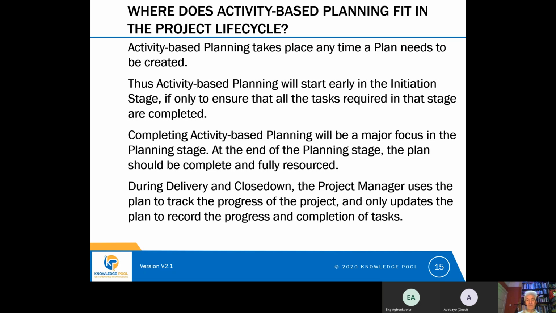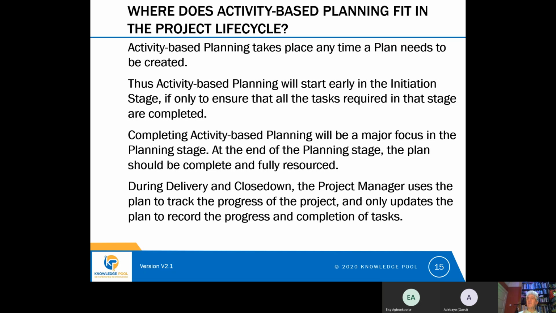And then during the delivery stage and close down stage, the project manager will use the project plan to track the progress of the project, and will only update the plan to record progress and the completion of tasks. So during delivery, we shouldn't really be finding new tasks that need doing and adding them to the plan.